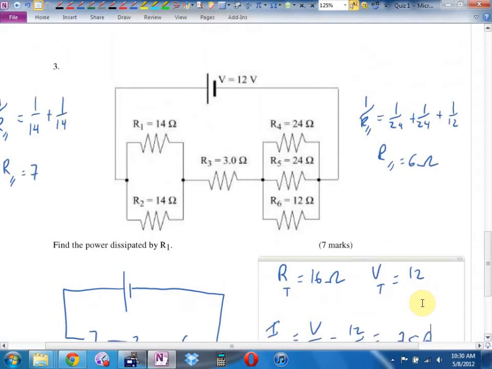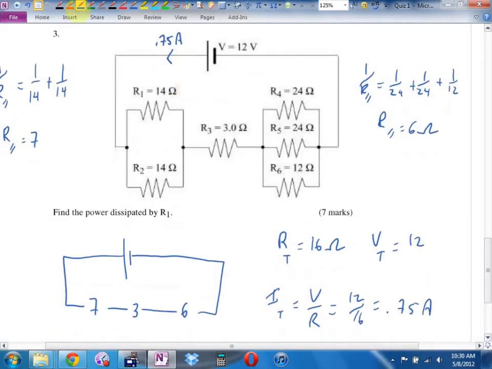So that means that I have 0.75 amps going this way. Now I have several options. For what it's worth, I could use the approach that since I have 0.75 amps going this way, I know the voltage drop through here, I times R. But I also know what this is.